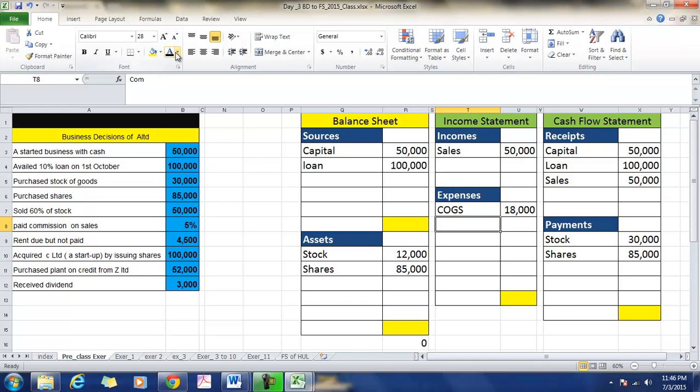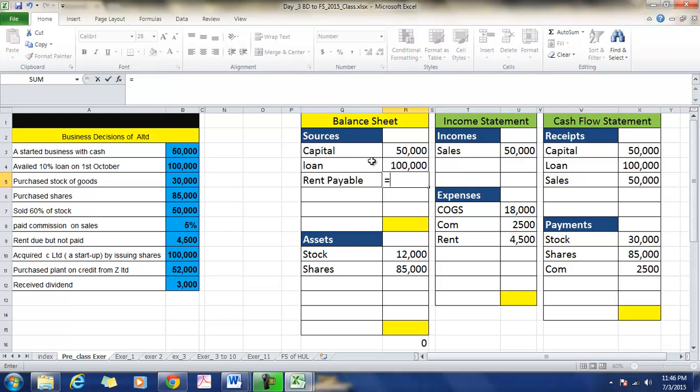Paid commission. A commission is an expense and a payment. So the payment is equal to 5% on the sales, and we make the entire payment. So it is a payment and an expense. Whereas the next one, rent is due but not paid. But this has to be recorded because of the accrual concept.